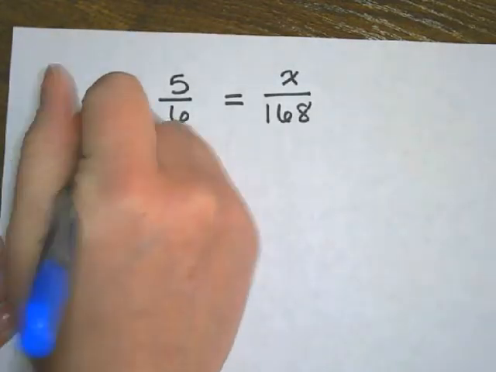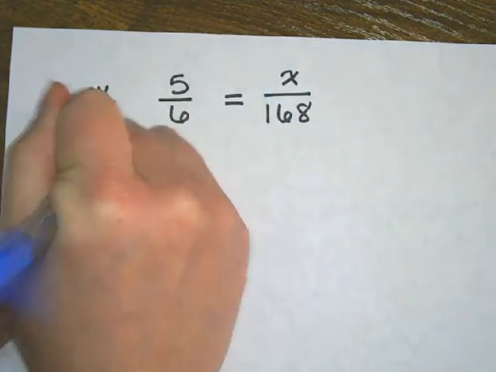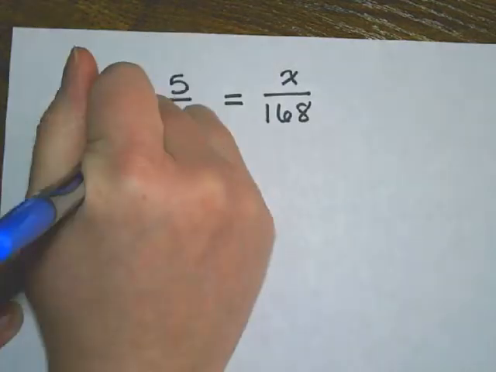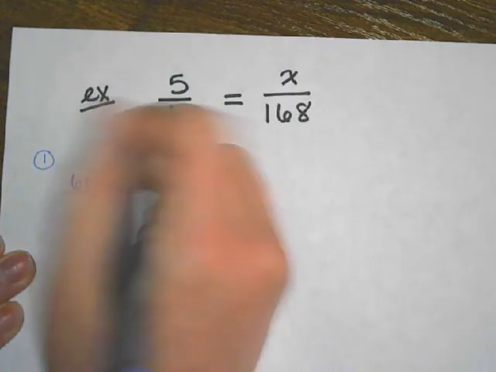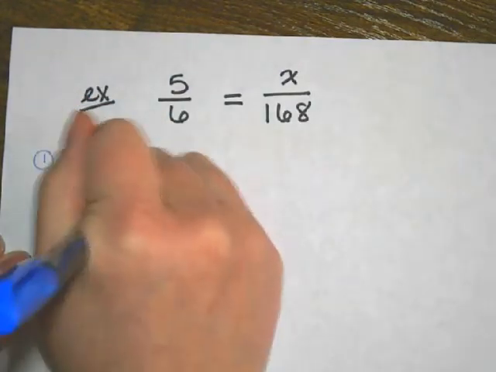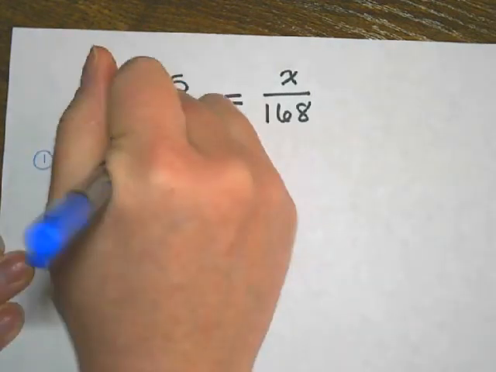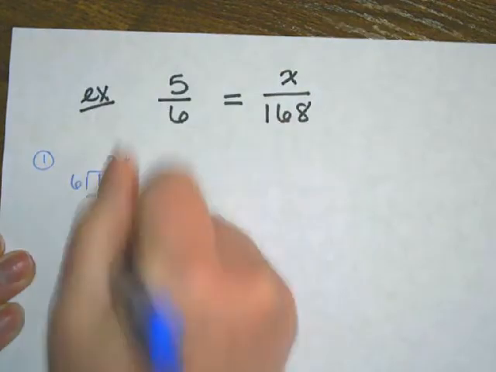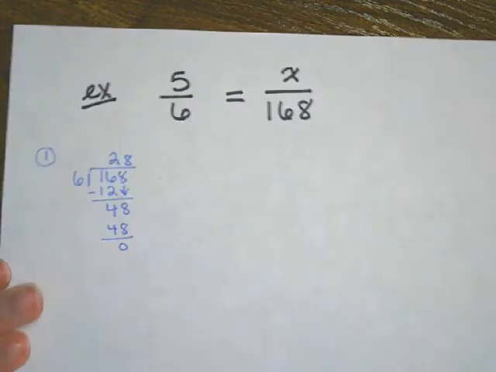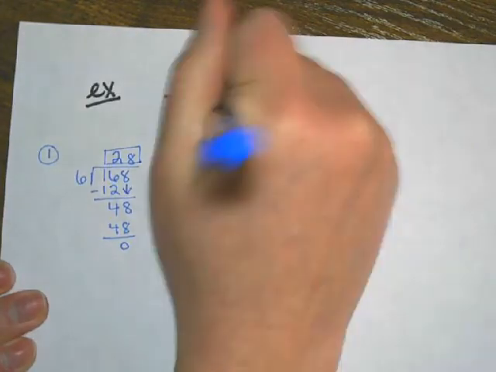So I'm going to take 168 and divide it by 6 because I need to figure out what my multiplier is. 6 goes into 16 2 times. 6 times 2 is 12. It leaves me with 4. Bring down my 8. 6 fits into 48 8 times. 6 times 8 is 48, which leaves me with a remainder of 0. So that means I am multiplying 6 by 28 to get to 168.